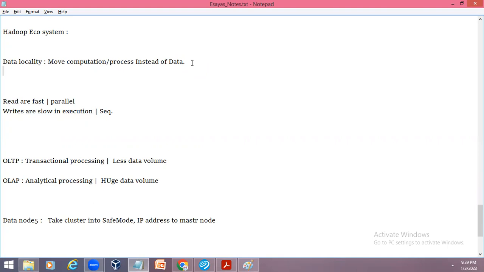In a big data system, we deal with a huge amount of data, right? Whenever you move your data, let's say you are working with 2 terabytes of data, and you hit a job in the Hadoop system, if you start traversing 2 terabytes of data, it will generate very high network traffic.